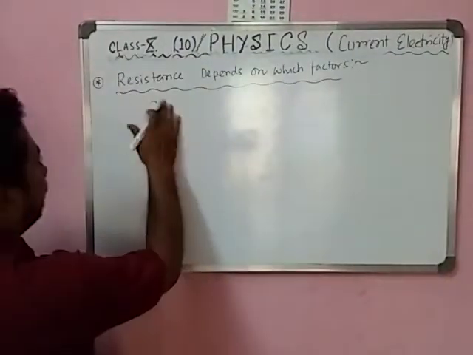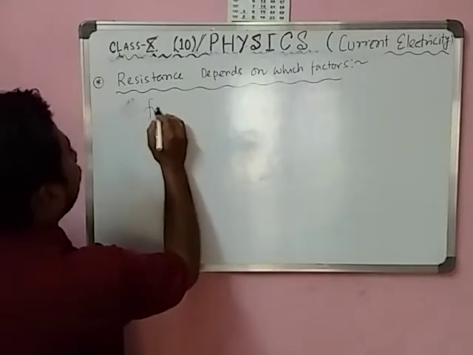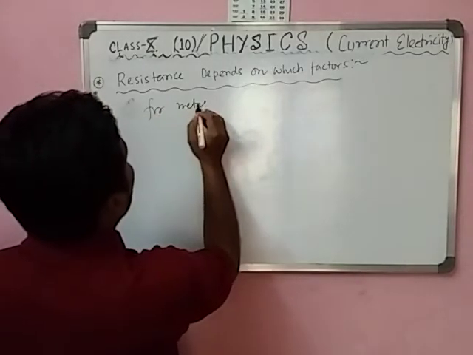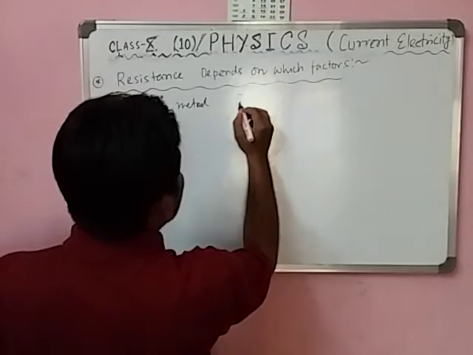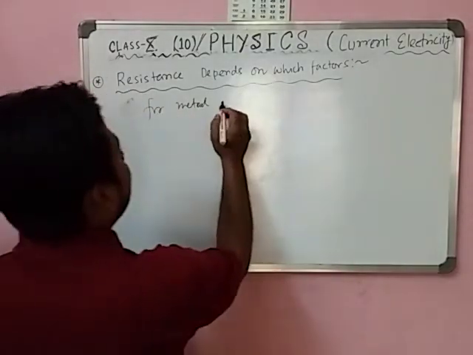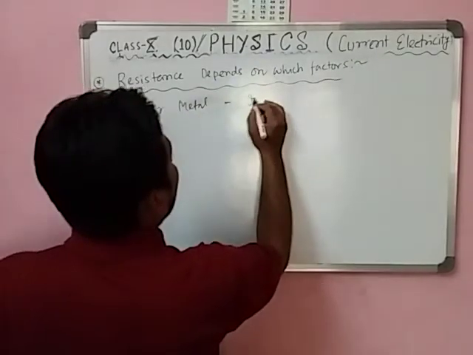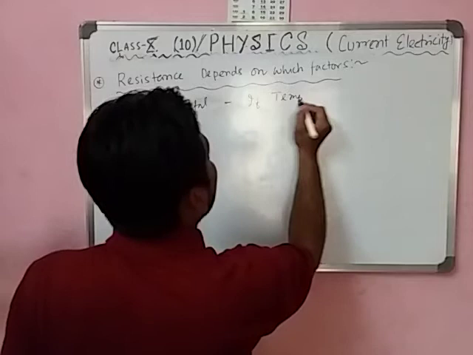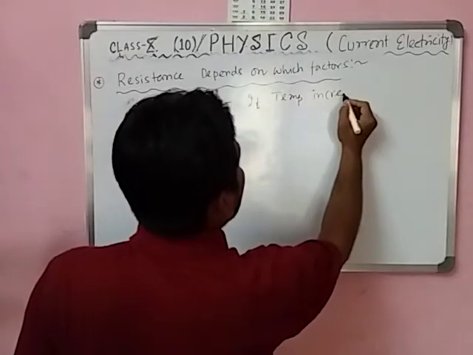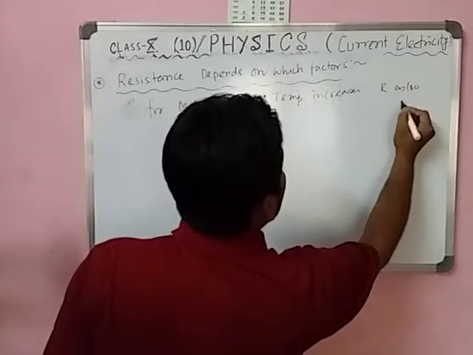How? For metal, if temperature increases, resistance also increases.